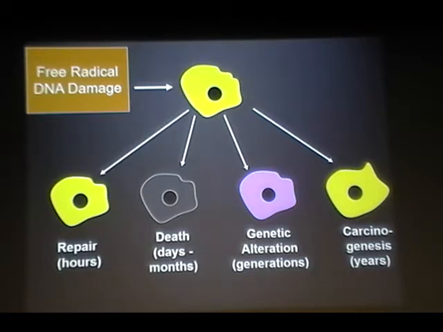So what is going to happen? Generally, if a cell is hit with radiation, repair could happen within hours, or it could take days or months. Or there could be a genetic alteration, or within the same person, it could take some time to develop a cancer.